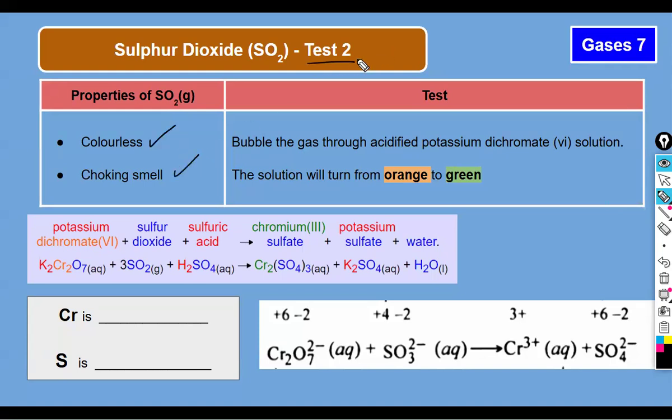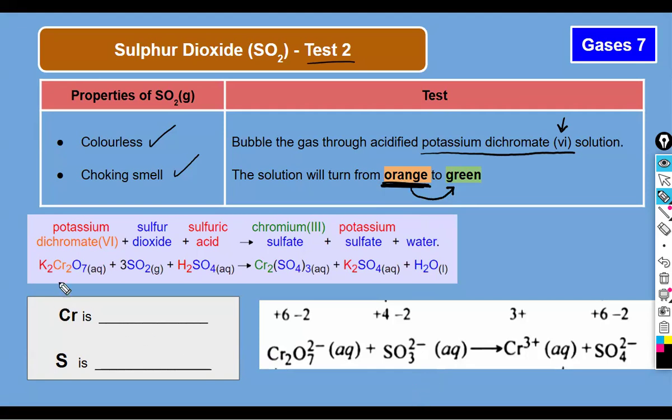But instead of using potassium manganate 7, we could use a different substance called potassium dichromate 6. And potassium dichromate is normally orange in color, but the sulfur dioxide will change it to green.